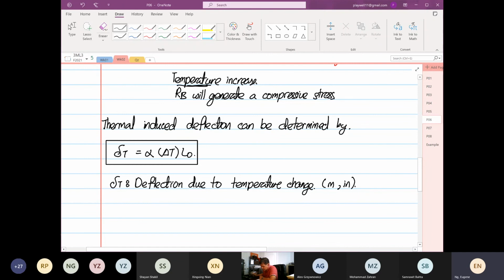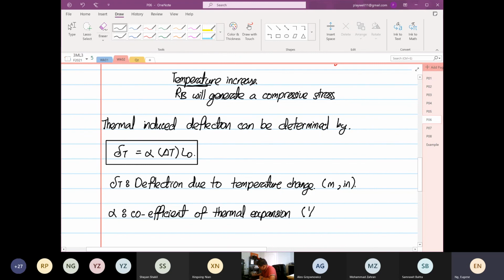And then alpha is the coefficient of thermal expansion.